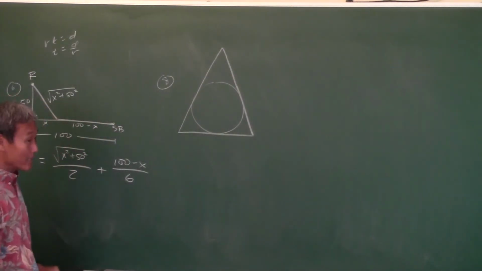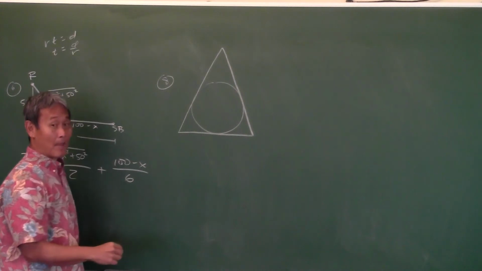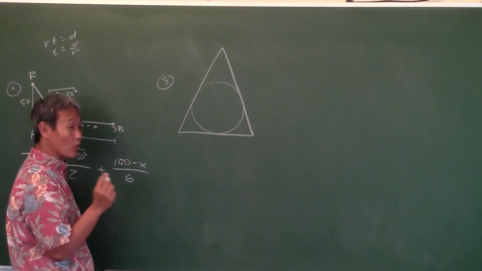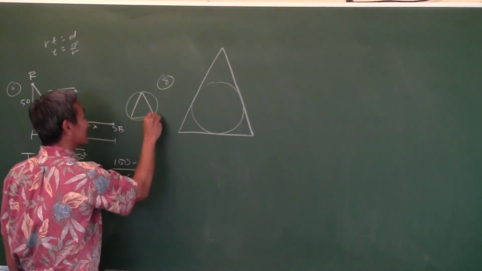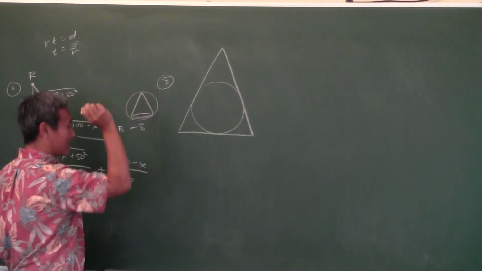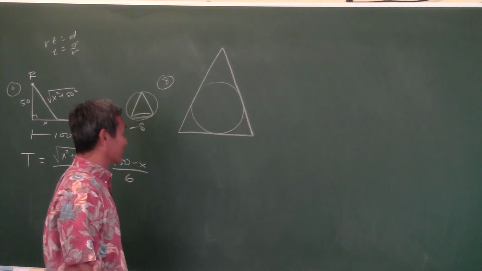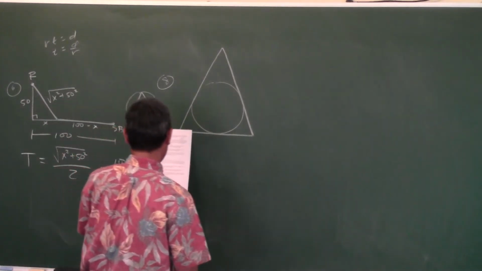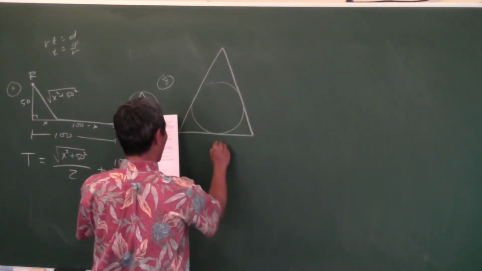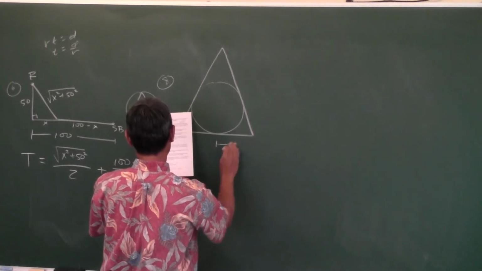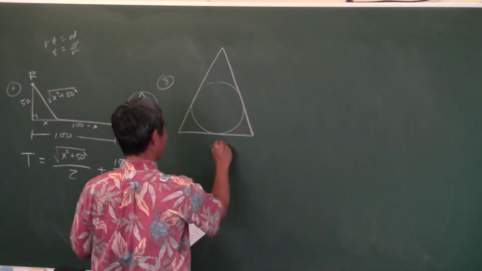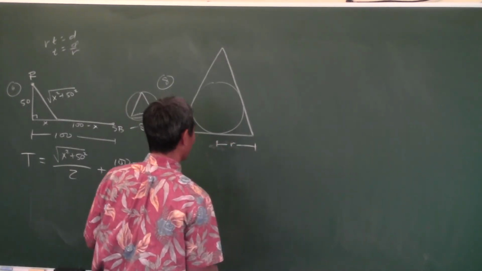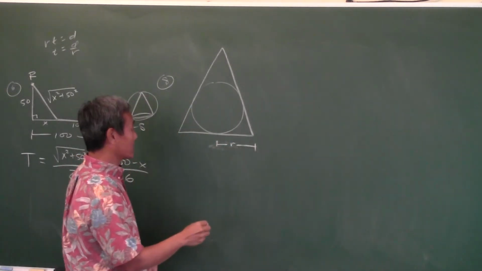The sphere has radius 1. Express the volume of the cone as a function of the base radius r. So here's r. Write the volume of the cone as a function of r.